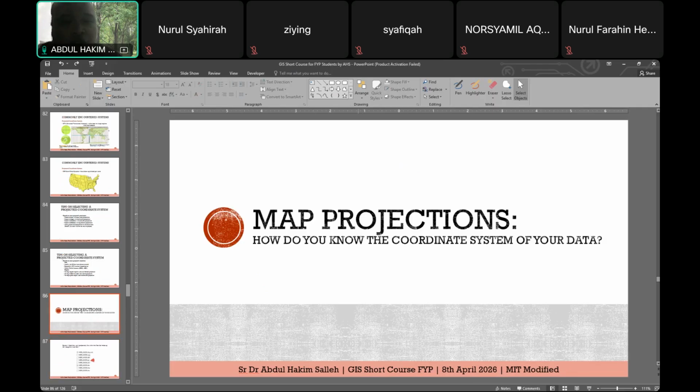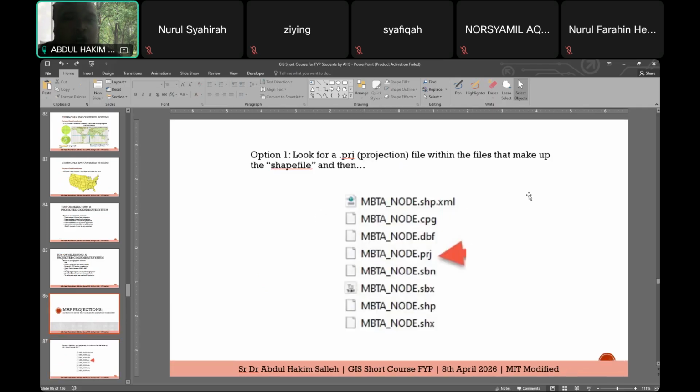Okay. How do you know the coordinate system of your data? Of course, you can know it from the metadata of the data itself. It should provide you this information: what type of coordinate system is being used. And if you want to be more confident, you can take a look at the data in the working folders. If there is a PRJ file here, it represents the projection.